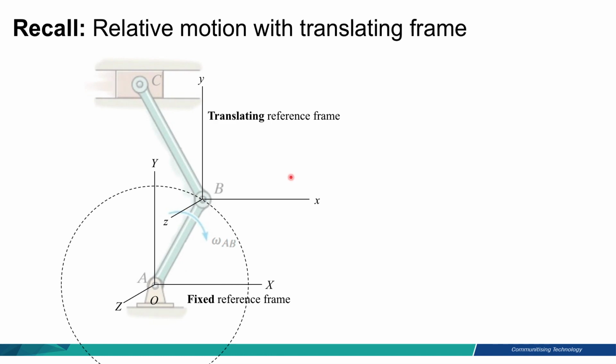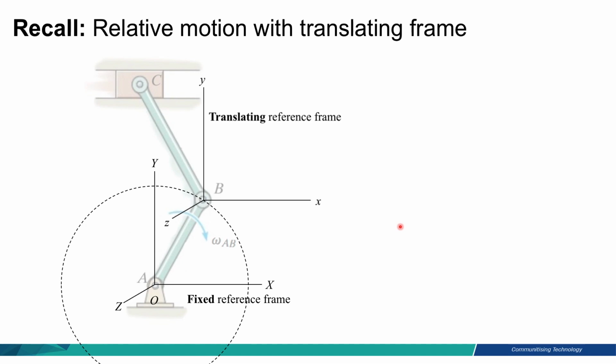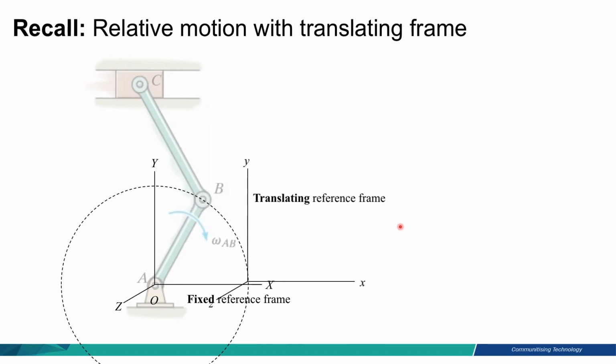If you can imagine, throughout the motion of this rigid body, point B is basically rotating about point A. So this should be the motion of our translating reference frame.